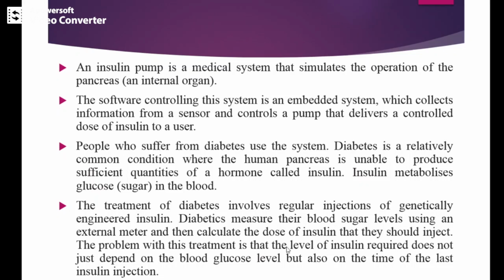The problem with this treatment is that the level of insulin required does not depend only on the blood glucose level, it also depends on the time of the last insulin injection.